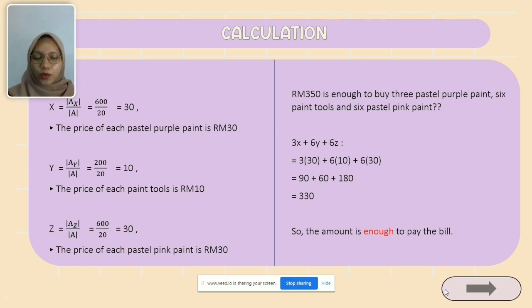So the problem is, is RM350 enough to buy 3 pastel purple paint, 6 paint tools, and 6 pastel pink paint? First, we change it into a linear equation. Then we put in the values of x, y, and z. Then we get 330. So the amount is enough to pay the bill.